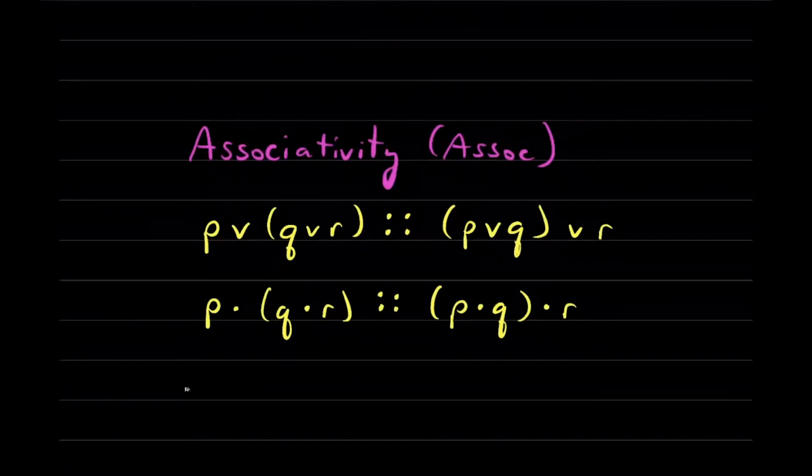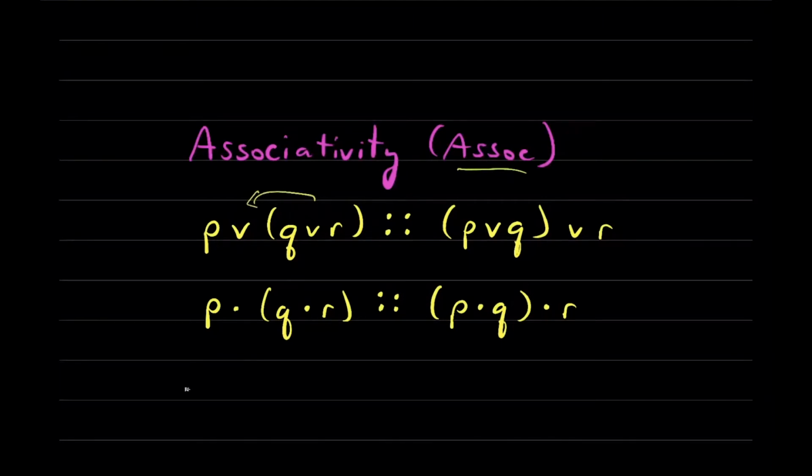The next rule I want to look at is called associativity, abbreviated ASSOC, sometimes just Assoc. The rule works like this. If you have a string of disjunctions, P or, and then another disjunction in parentheses, Q or R, you can shift these parentheses around. You can convert that statement to P or Q in parentheses or R, as if you had moved the parentheses over a bit.